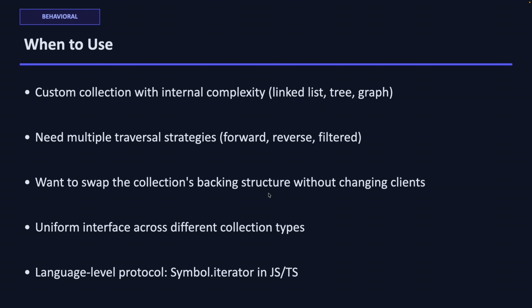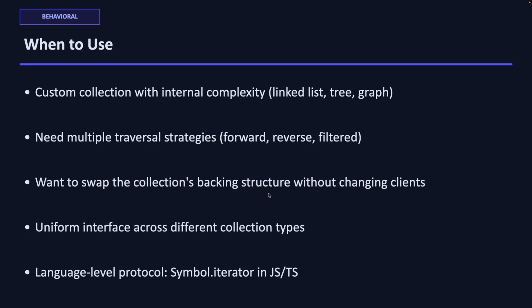In our demo, we could have also added a reverse iterator if we wanted to go backwards from the least recently used to the most recently used order. This could work over the same data structure collection without touching the code at all. So that adds another way to traverse the same collection, and we can do so through iterators.